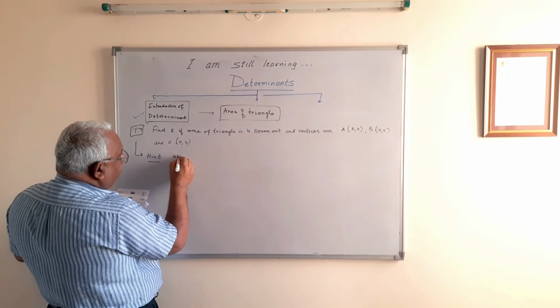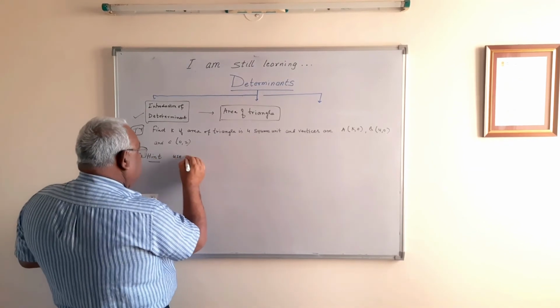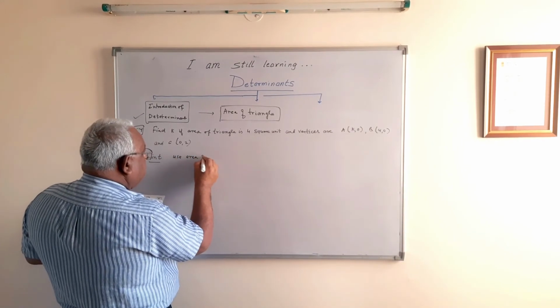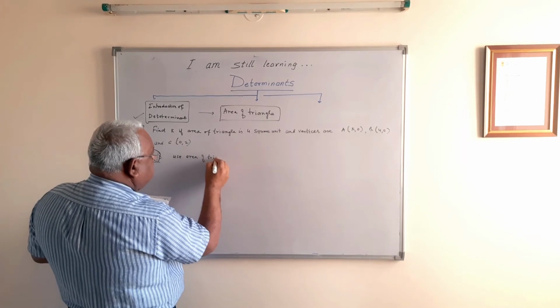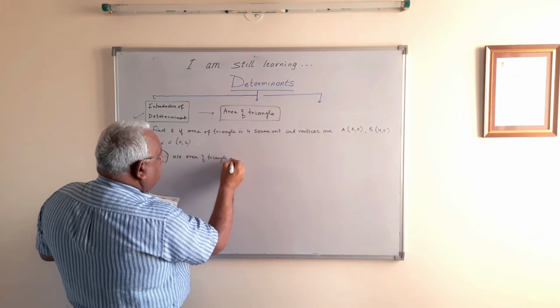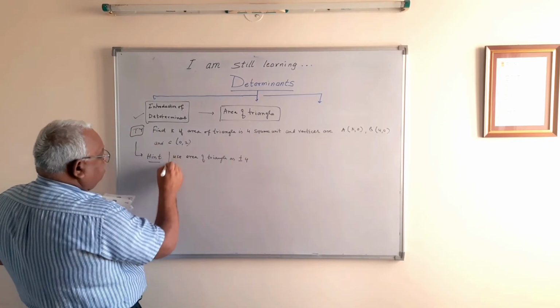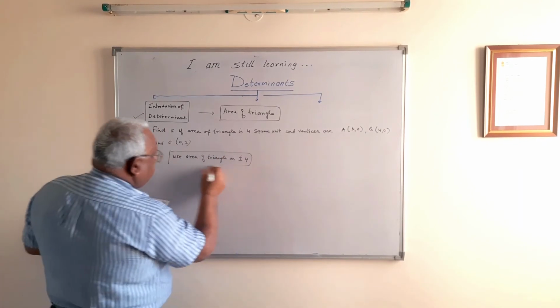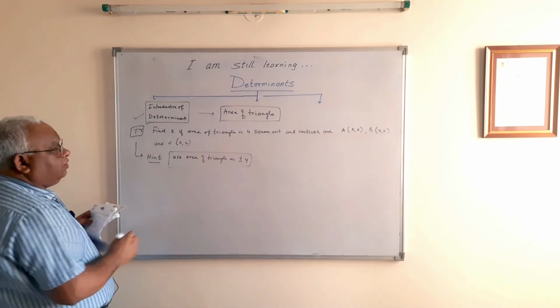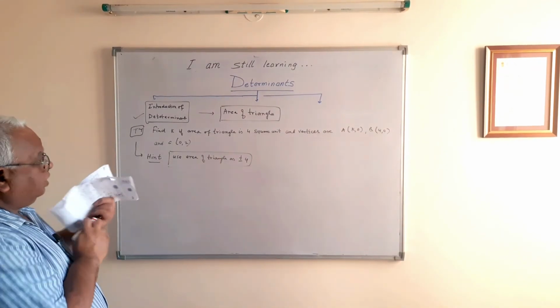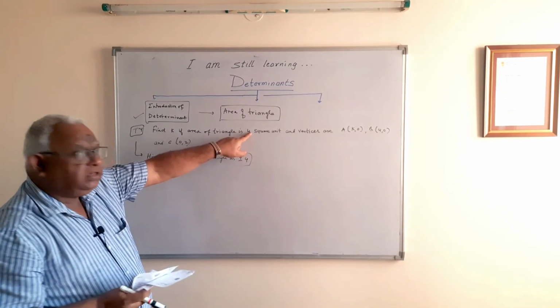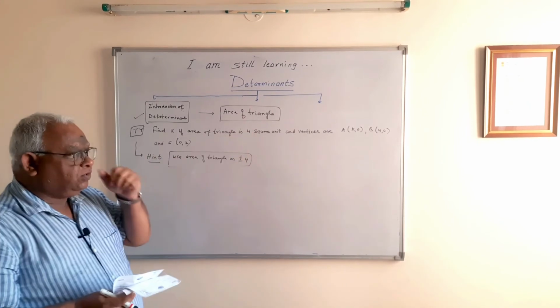use area of triangle as plus minus 4. This is important. Whenever the area of triangle is given, it can never be given in the negative. As I told you, this is absolute value.